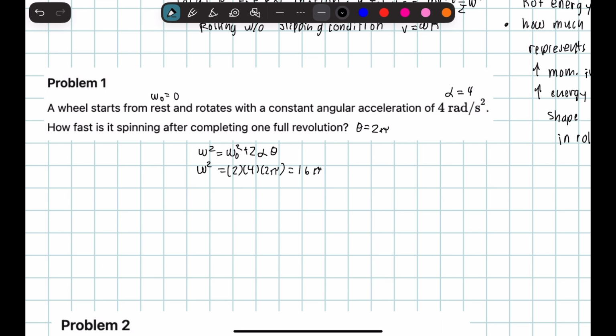If we want omega, we take the square root of both sides, so omega is equal to 4 root pi radians per second.